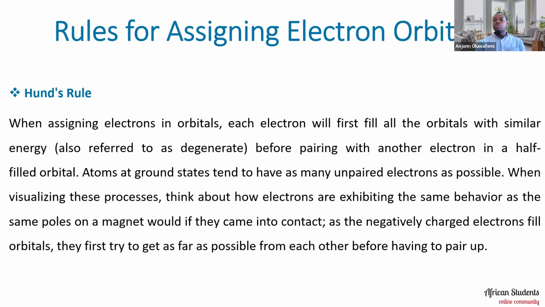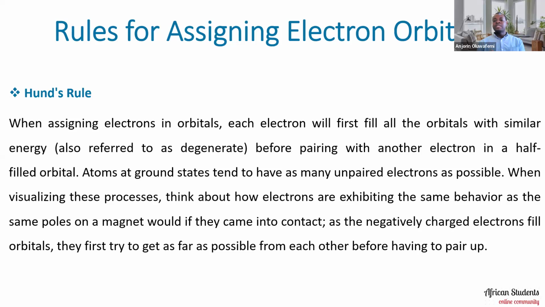A 2p orbital will be filled first before you fill the 3p orbital. You cannot just jump from 1s and go and fill a 3p or a 2p, as the case may be. It must fill the orbitals with similar energy before pairing with another electron in a half-filled orbital.